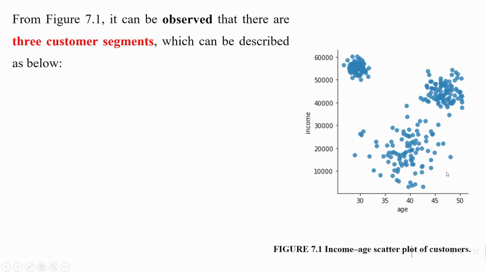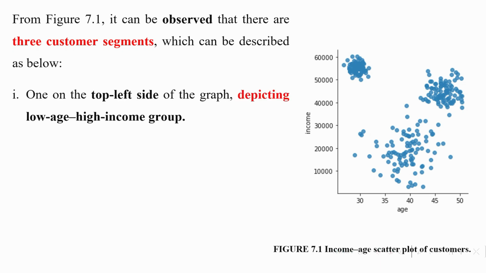Now from the graph you can observe that there are 3 customer segments which can be described as follows. The first one is on the top left side of the graph. It describes a low age group and high income group. Here on the x-axis we have the age, and on the y-axis we have the income. The top left corner is one group.